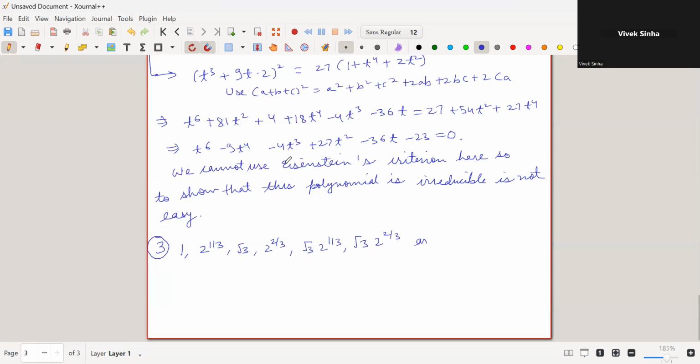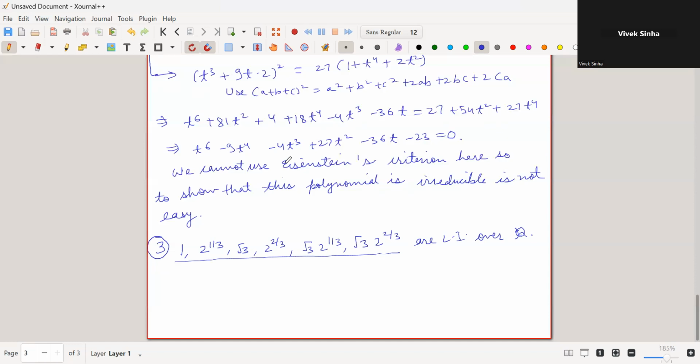They are linearly independent over Q. You can see that because you won't be able to write any one of them as a linear combination of the others over Q. So let's start by looking at the basis using these elements.